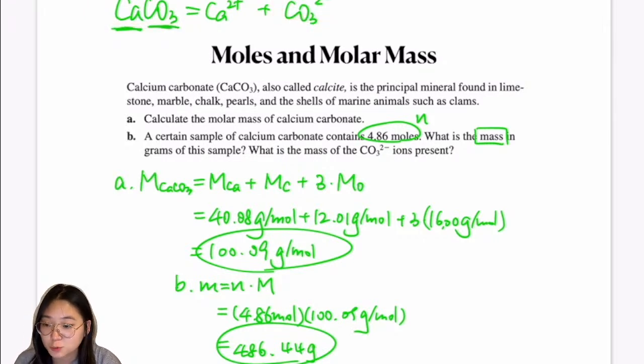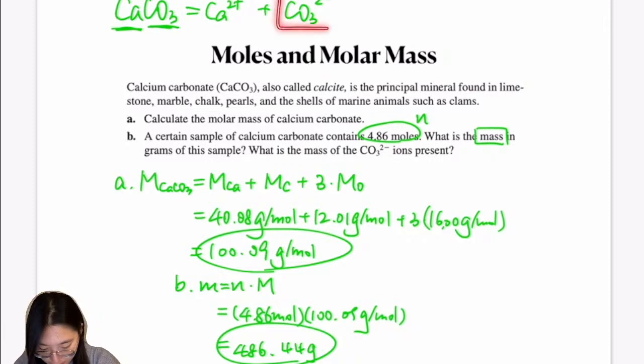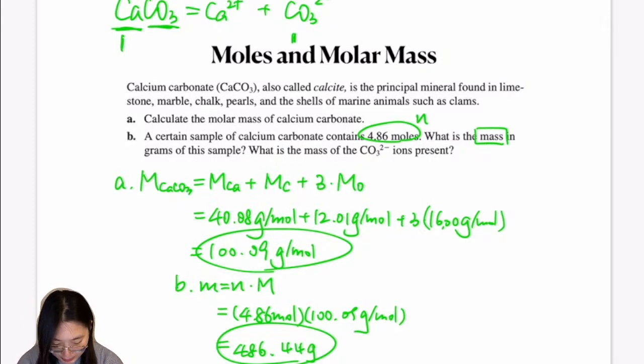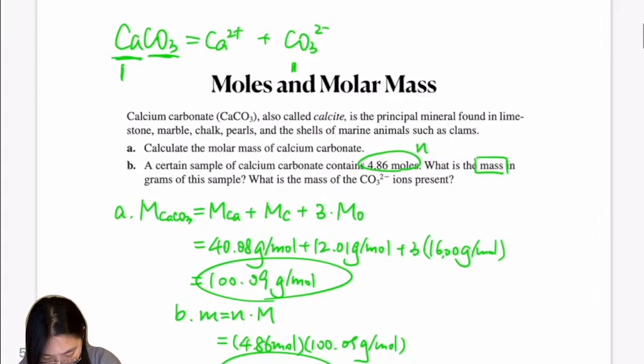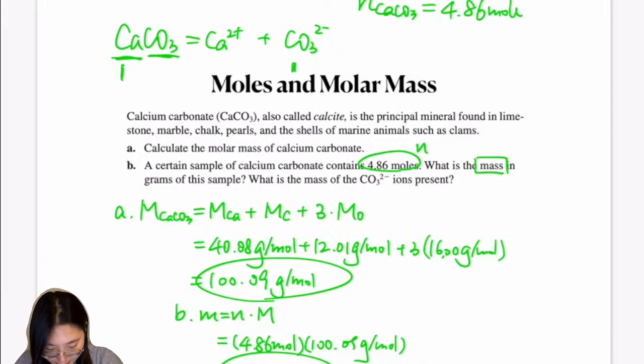First, we need to calculate the number of moles of carbonate ion, and by that we can calculate the mass of the carbonate. Remember that the ratio is 1 to 1. Given that the number of moles of calcium carbonate is 4.86 moles, it's easy to calculate the moles of carbonate ion.